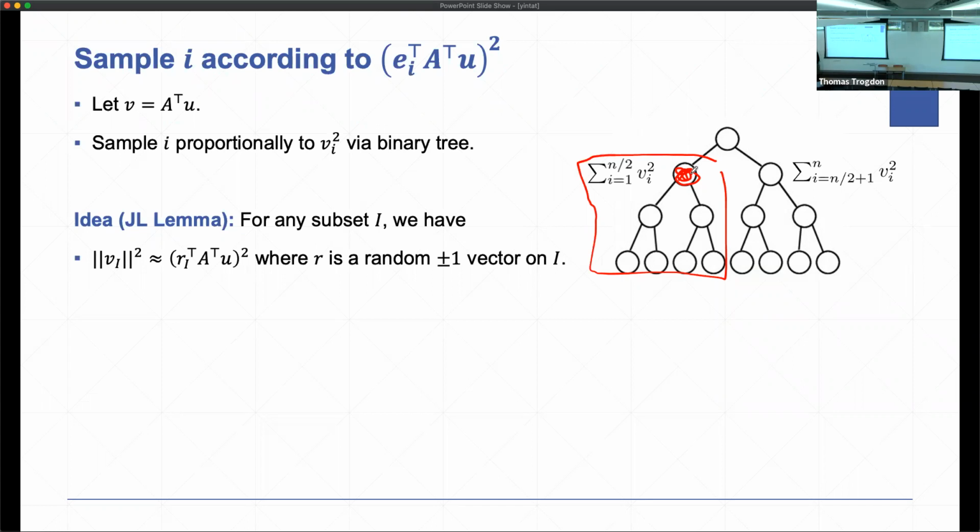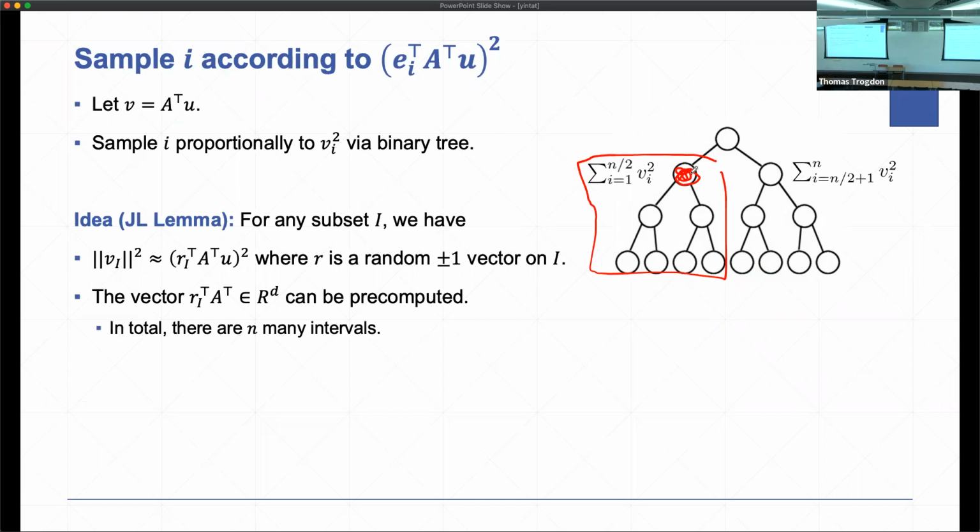So what can we do? In the beginning of the algorithm, you compute R transpose A. You precompute that, and notice this is a D-size vector. Remember, A is very tall, it has M rows, but this vector is only D size, so it is much smaller. So at every step, to compute this, we just compute this inner product with U. This is precomputed, so it is efficient.